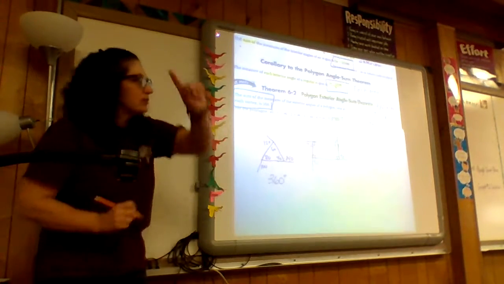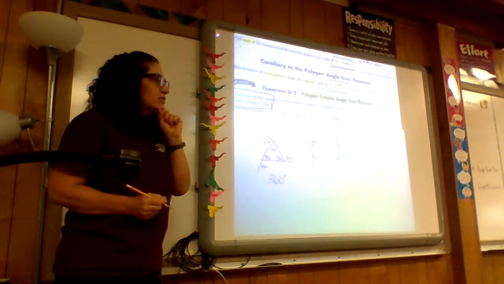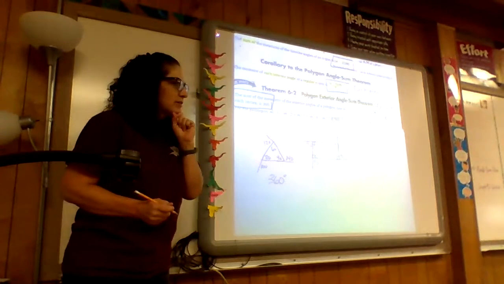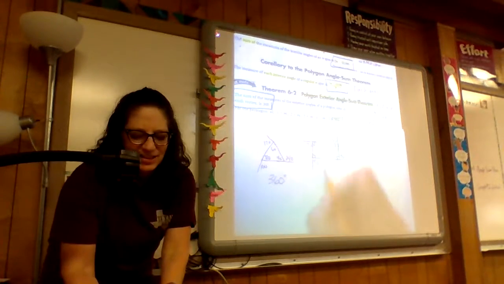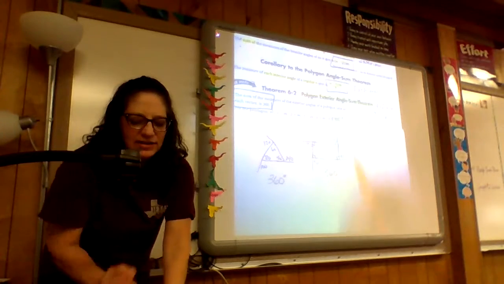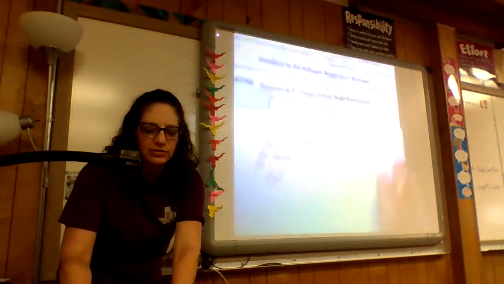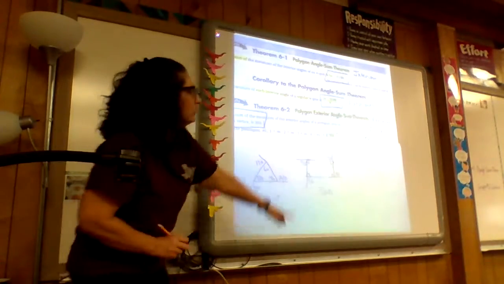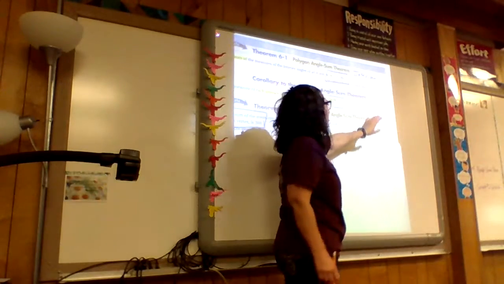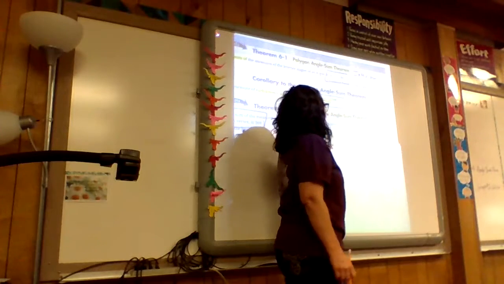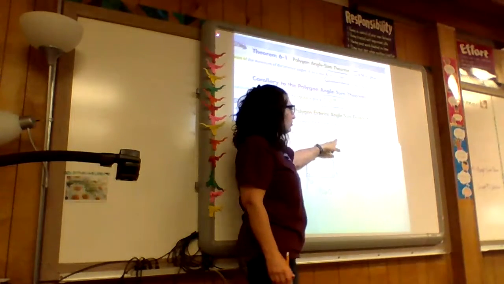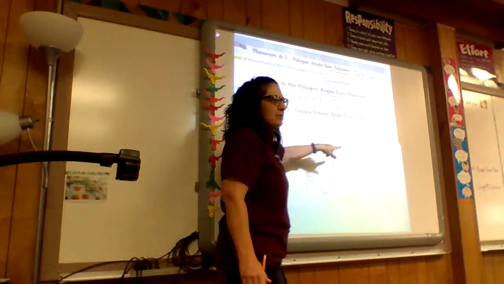So going around, total all those 90s, and you have a total of 360. If I did the pentagon, the same thing would happen. Exterior angles, as you notice right here in this theorem, and I wrote the word exterior next to it for you. Exterior angle sum will always, no matter how many angles there are, will always equal 360.